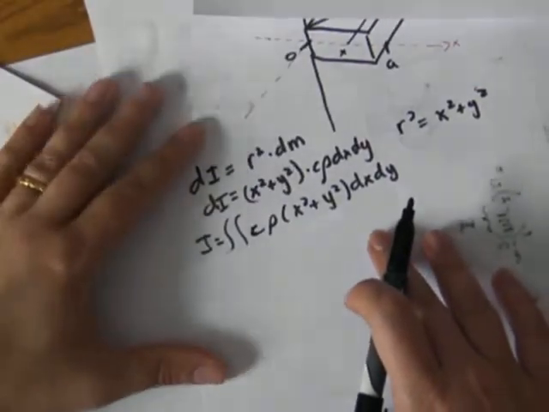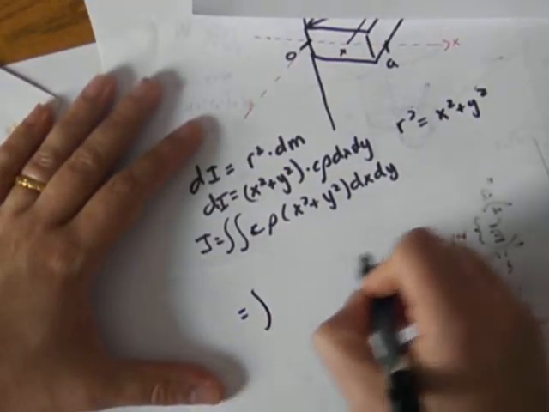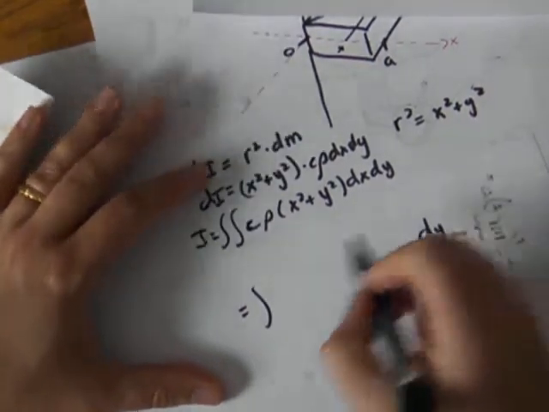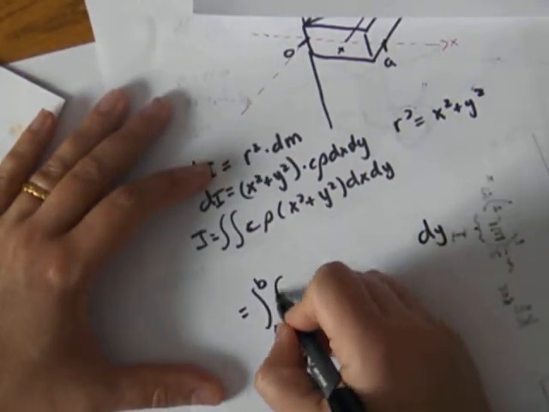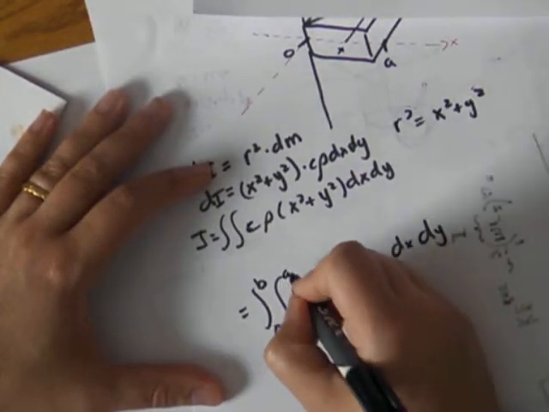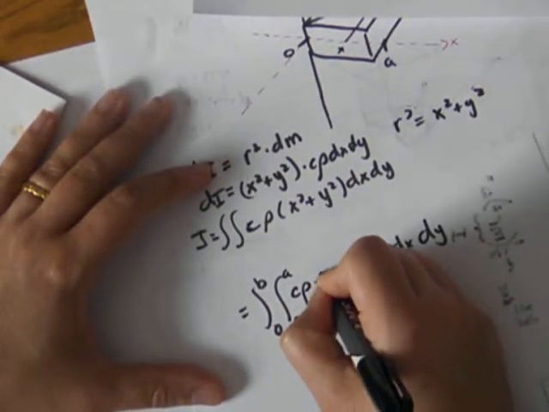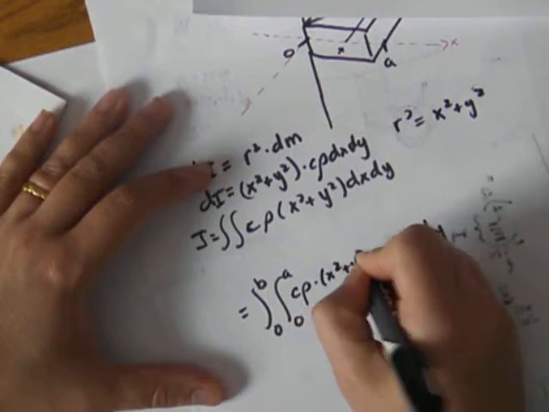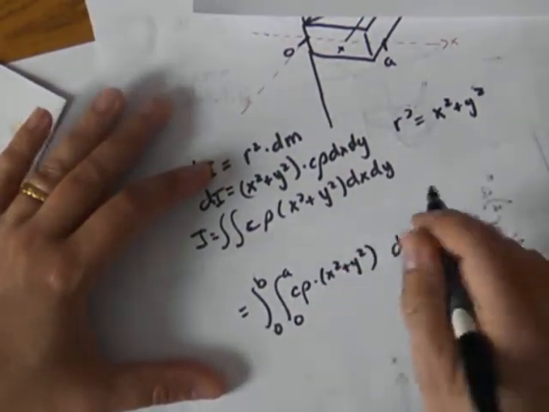And so in this case, y is going to go from 0 to b, and x is going to go from 0 to a, of c rho times x squared plus y squared. We plug this into our calculator. And let's see what we got.